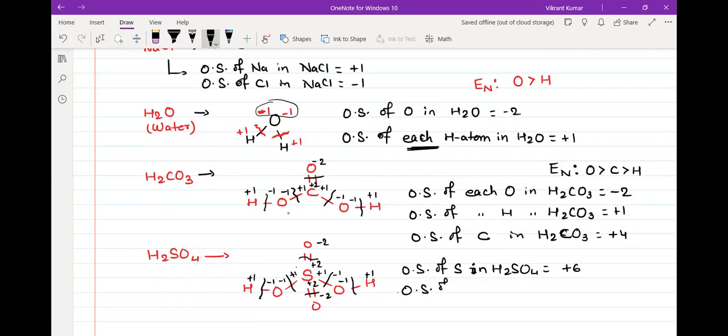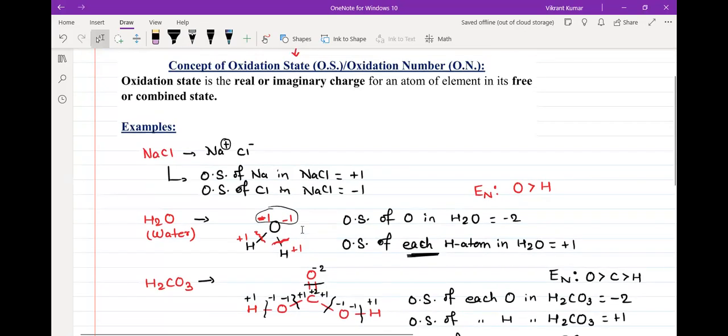Oxidation state of each O in H2SO4 is -2, and oxidation state of each H in H2SO4 is +1. Now, if I ask you what is the total of these two numbers? Zero. Okay. What about this one? Is the total 0? No, -1.